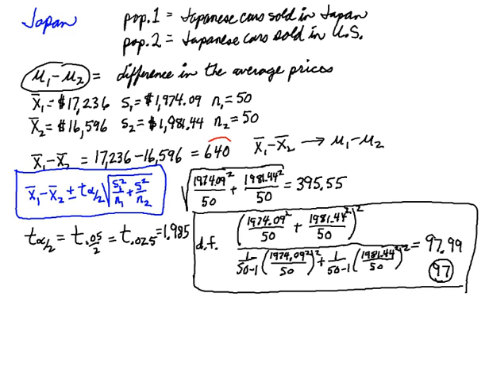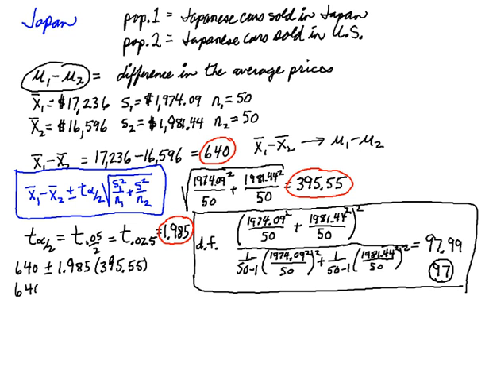I have the point estimate, the x1 bar minus x2 bar. I have the t alpha over 2 value, and I have the standard error value. So putting all of those into the formula, I get 640 plus or minus 1.985 times the 395.55.